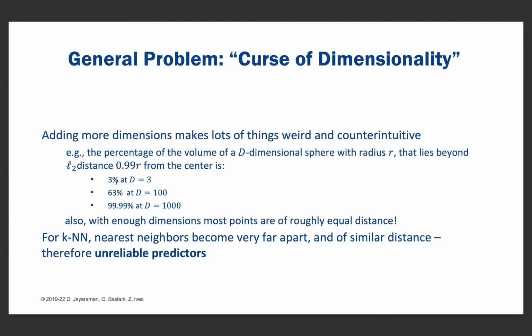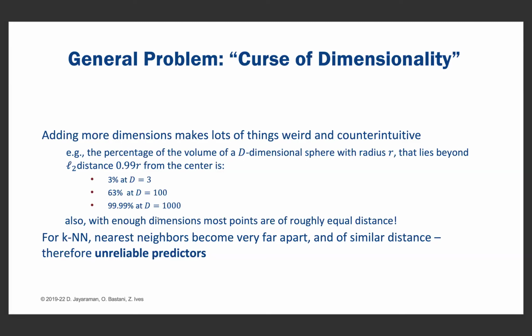Our casual three-dimensional intuition tells us it's nothing, and it's really mathematically almost nothing. It's 3%. But if you are in 100 dimensions, it's already 63%. And if you are in 1,000 dimensions, it's already 99%.